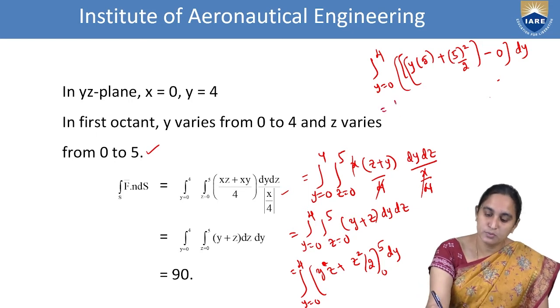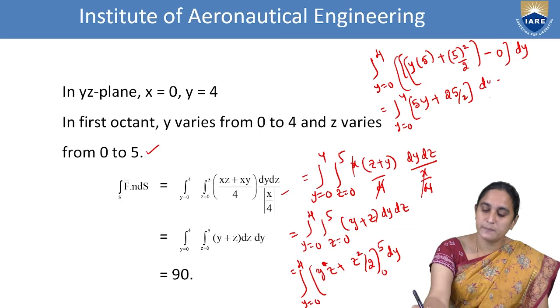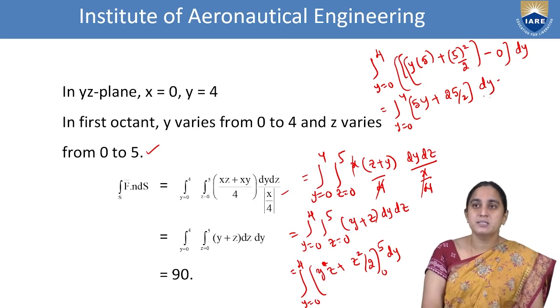That is equal to the integral from y equal to 0 to 4 of 5y plus 25 by 2 into dy.